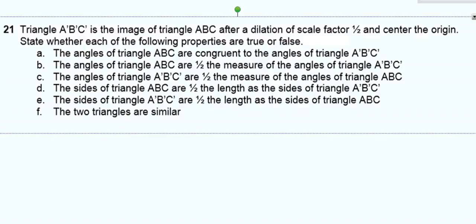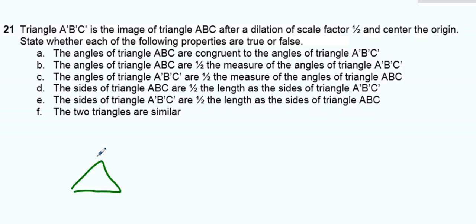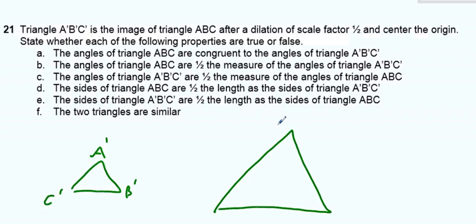Triangle A prime, B prime, C prime is the image, so the after. ABC and the dilation was 1/2. So that means A prime, B prime, C prime is smaller than ABC because the scale factor was 1/2.